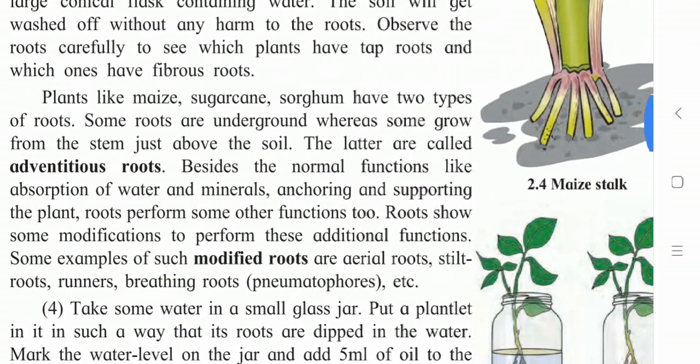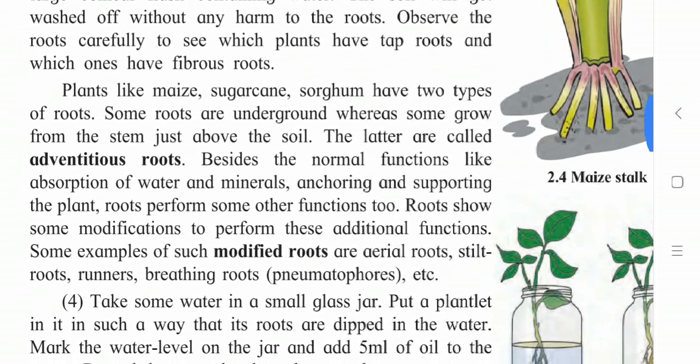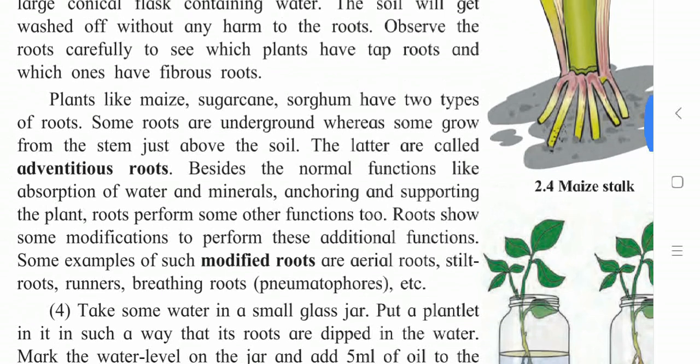Some roots are underground, whereas some grow from the stem just above the soil. If you saw student in the farm, sugarcane means ऊस, जेव्हा वाढतो जमिनीमध्ये शेतामध्ये, त्याची काही रूट्स, काही मुळं आपल्याला वरती सुद्धा दिसतात. Those are called adventitious roots.